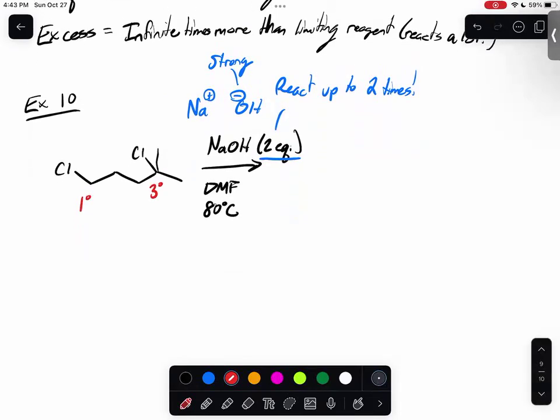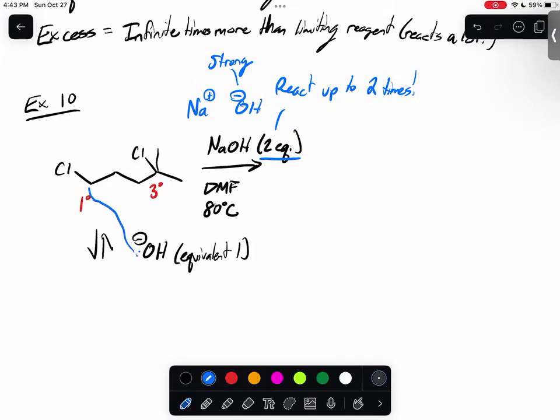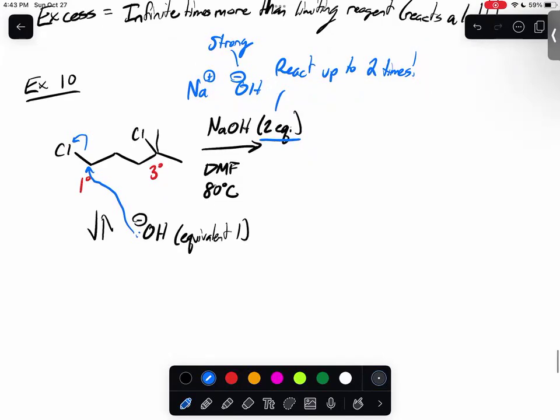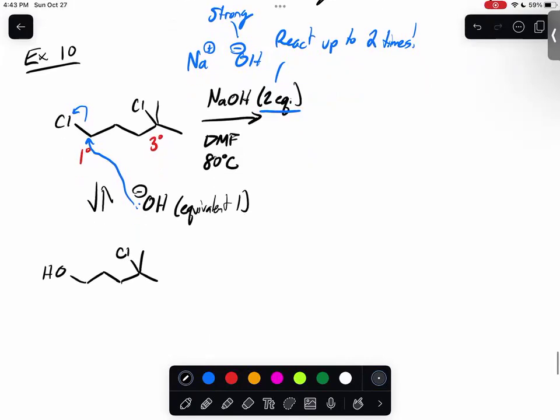And so what that's going to look like is essentially the hydroxide, which we'll label as equivalent 1, will just do a backside attack, kicking out that chloride. And the reason for this is that SN2 is very, very fast on primaries. Right, from here, we've used up one equivalent. We have one left.